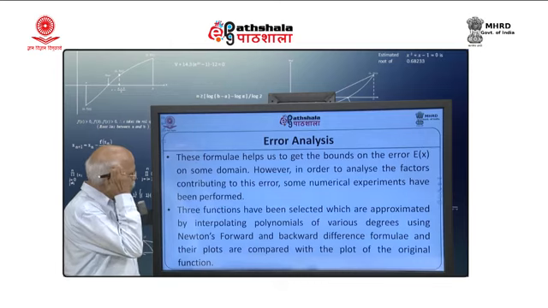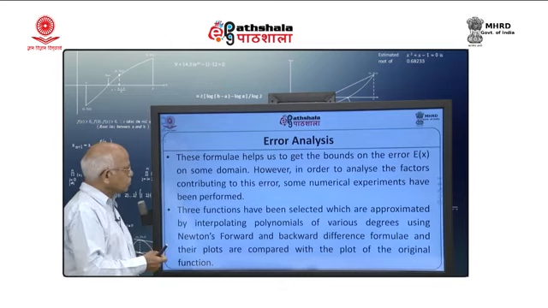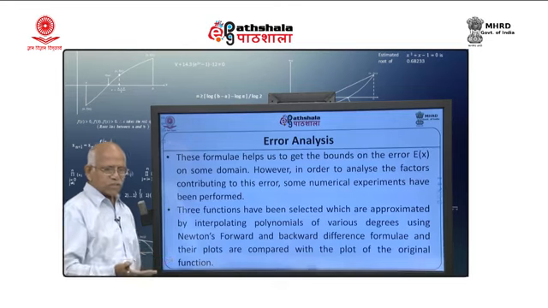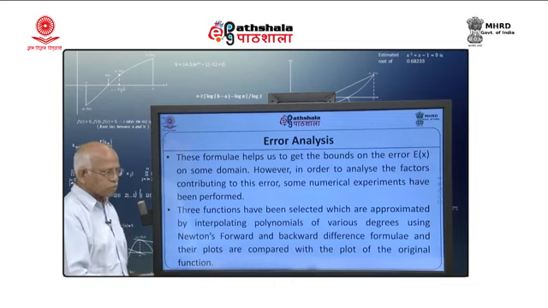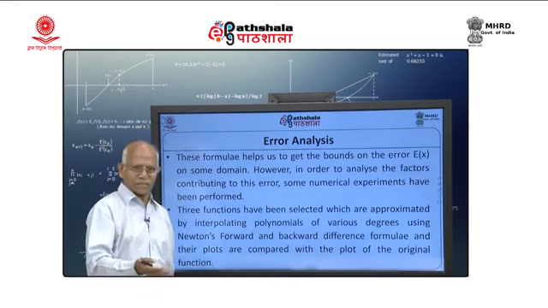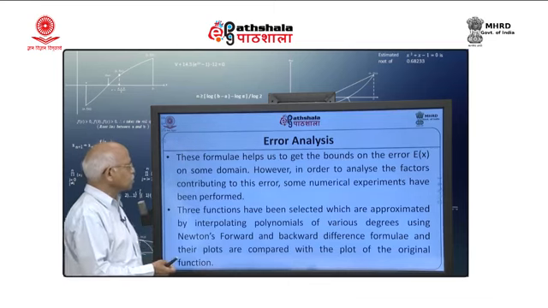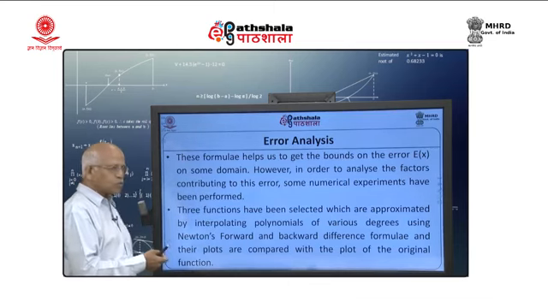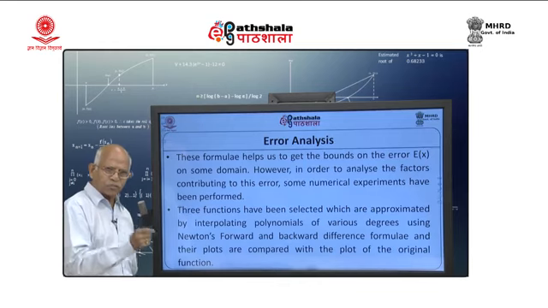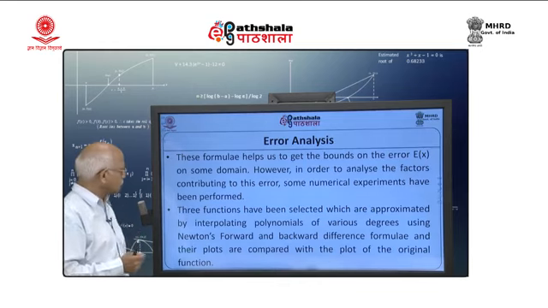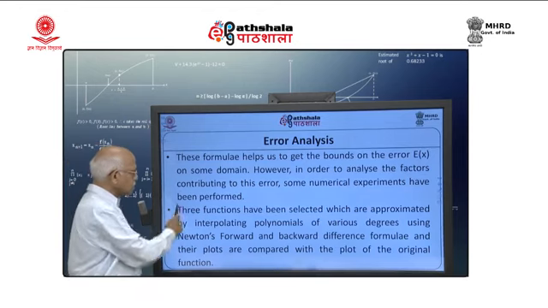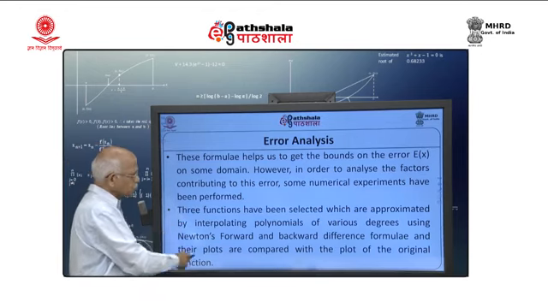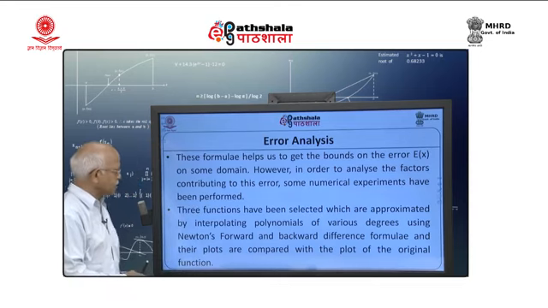Obviously, we are approximating the original functional relationship, and therefore there has to be some error in the estimate of y at x. We want to analyze this error and find out what factors contribute to it, and in order to know these factors, I am going to perform certain experiments here.